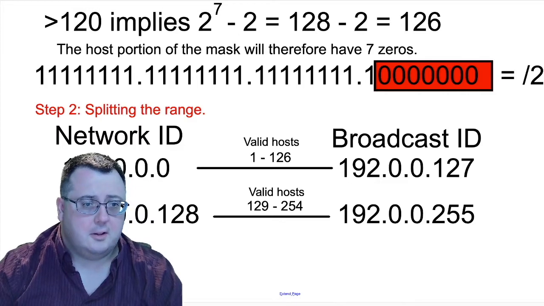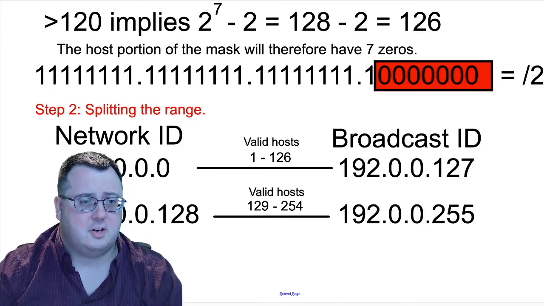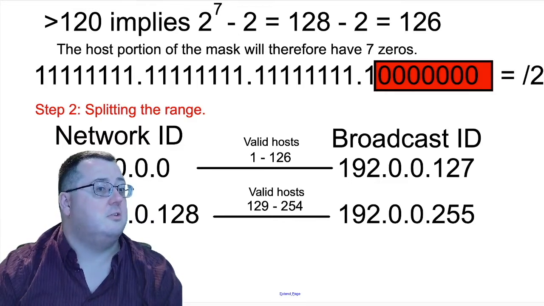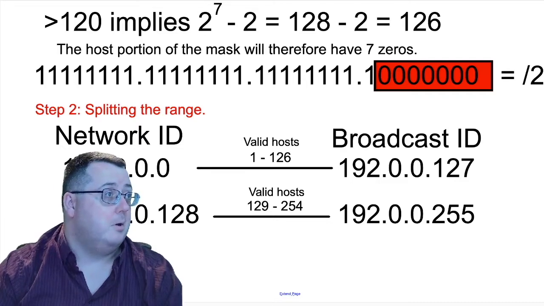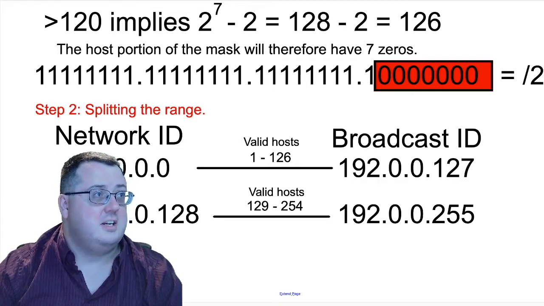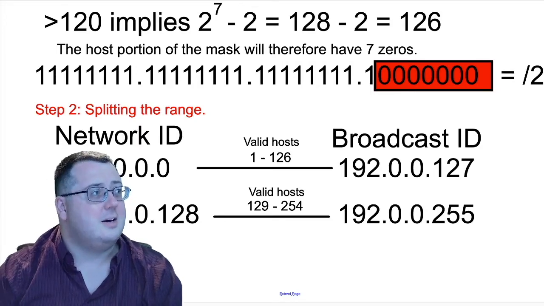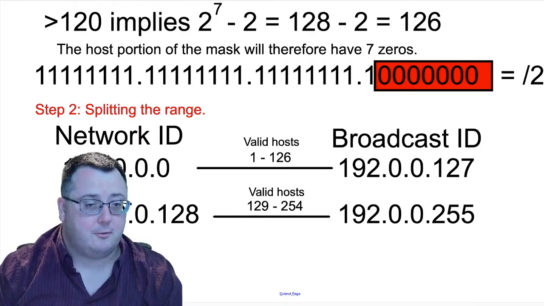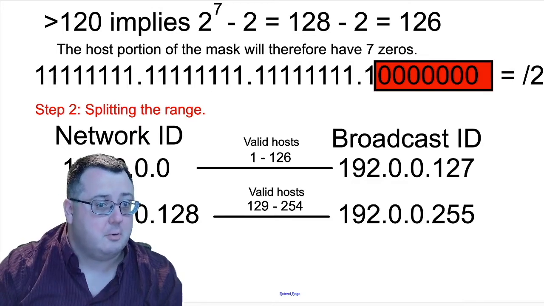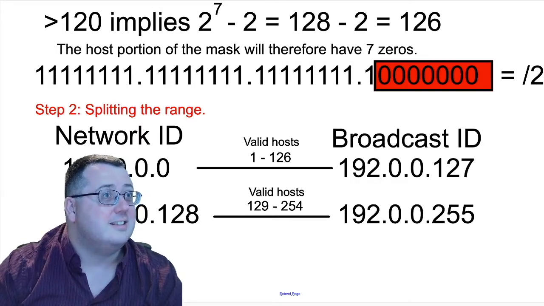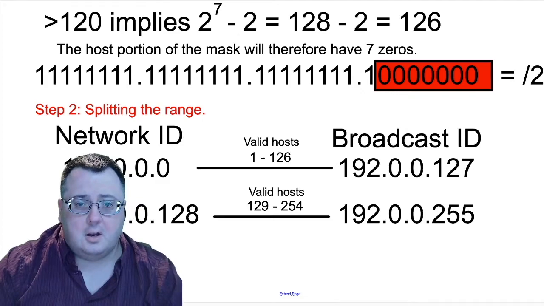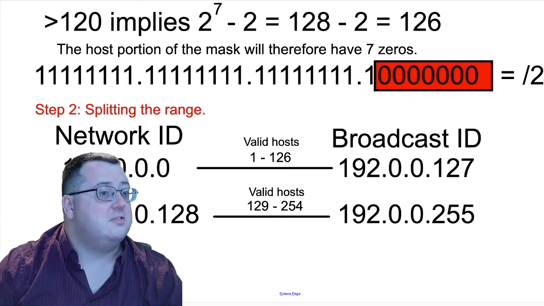Okay? The first address is 192.0.0.0. The broadcast ID will be 127, because that's the highest number you're going to get before you move on to the next subnet, which would be 128. Leaving you with 126 valid hosts in between.